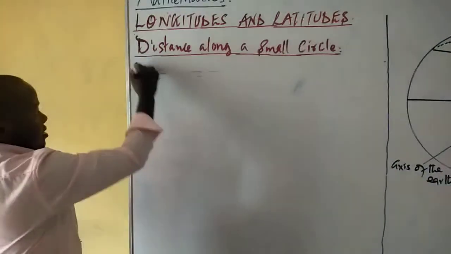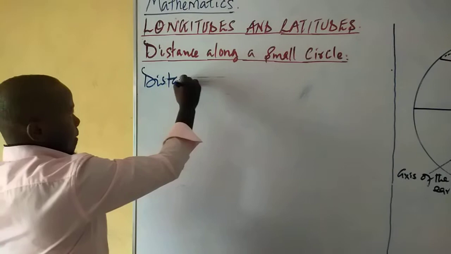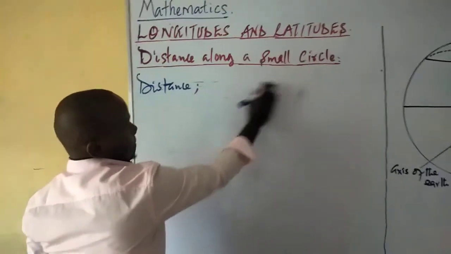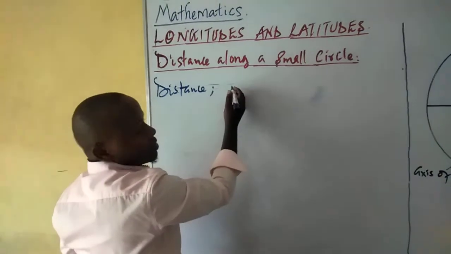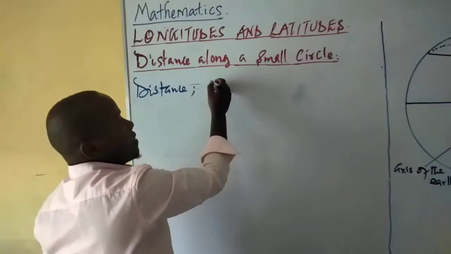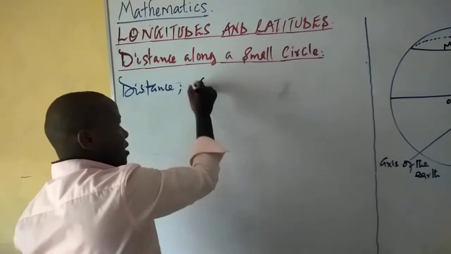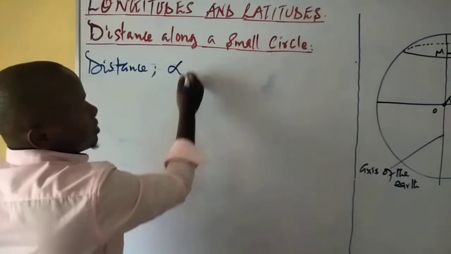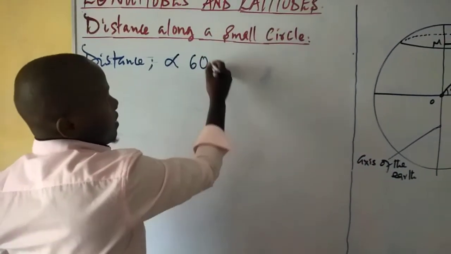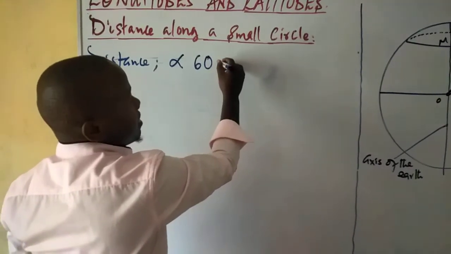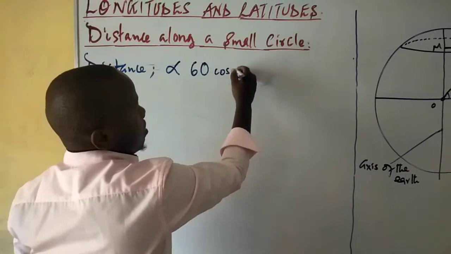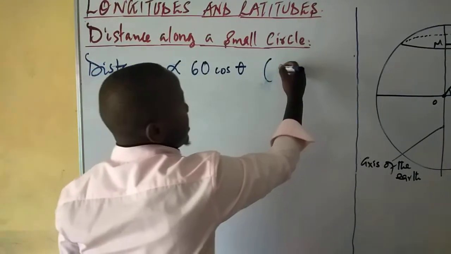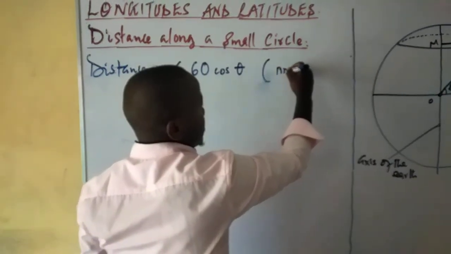The distance is calculated by taking the angle alpha times 60 times the cosine of theta, and this is in nautical miles.